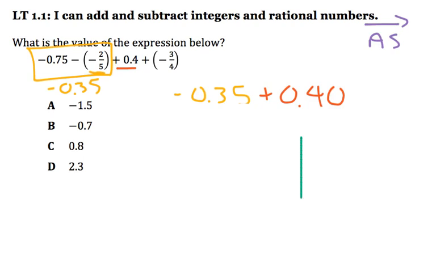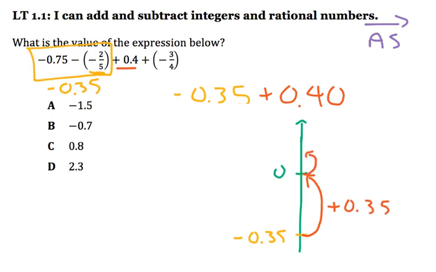So now that I have that, I'm going to come down here, again, make an open number line. We have negative 35 hundredths down here, and this time we're just doing regular adding, so we're going to go up 40 hundredths. And I see that that's more than 35 hundredths, so I know we're definitely going to make it to 0.